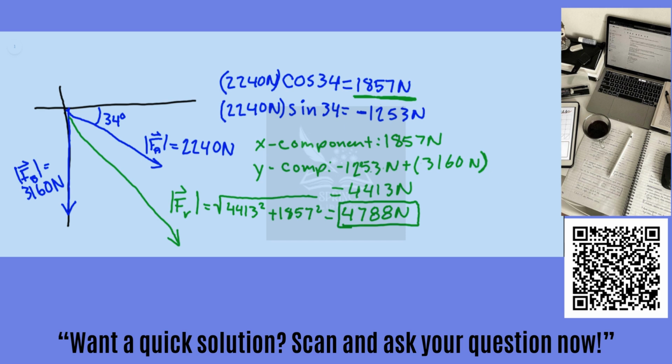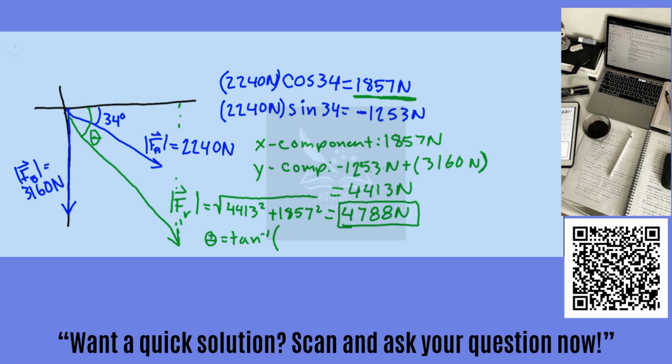The angle theta, which is this angle right here, the angle of the resultant vector, is going to be equal to arctangent of the side opposite. So this is going to start getting a little messy over here.